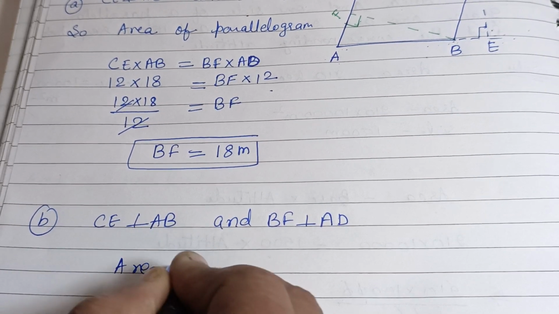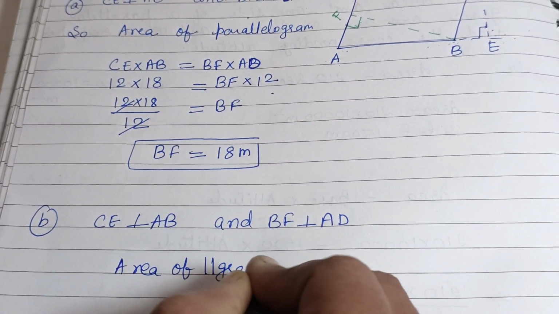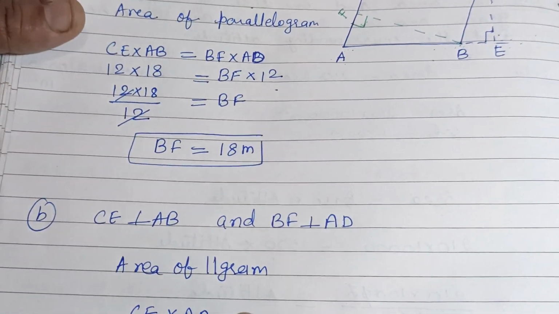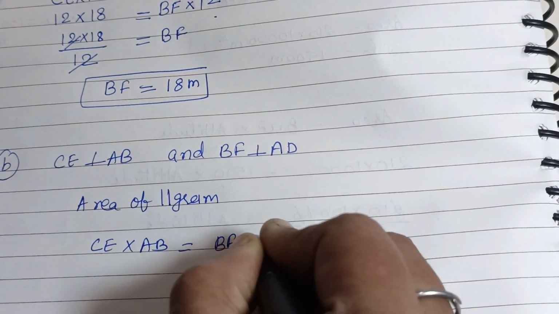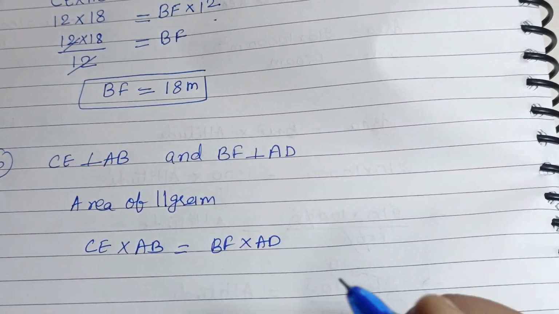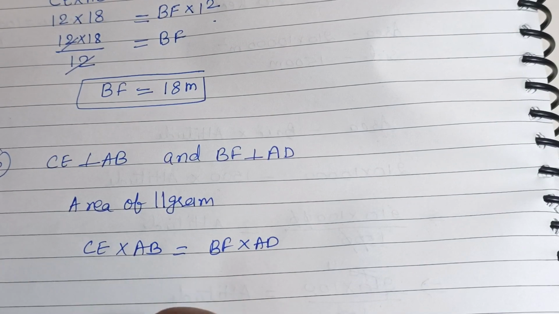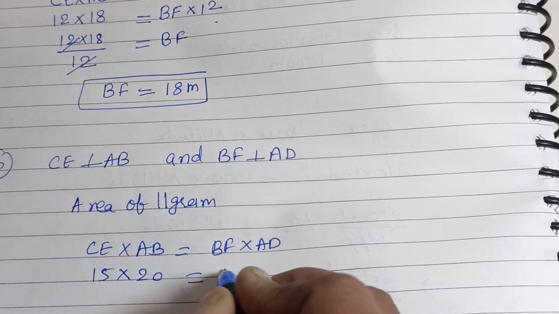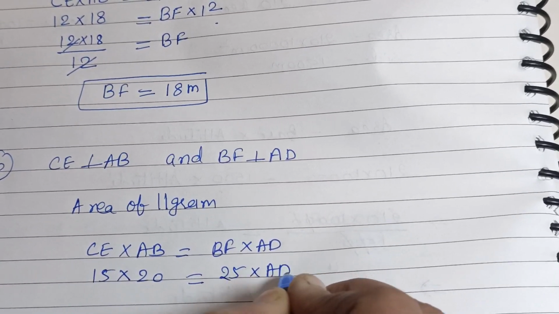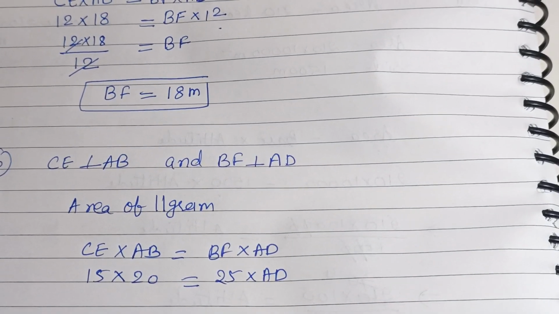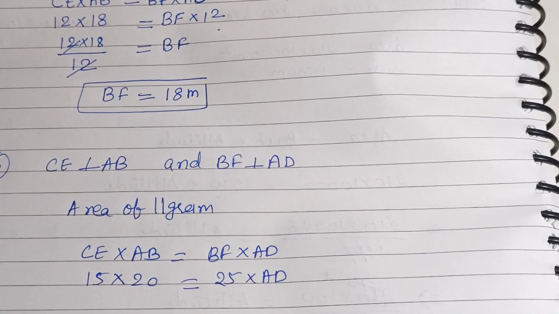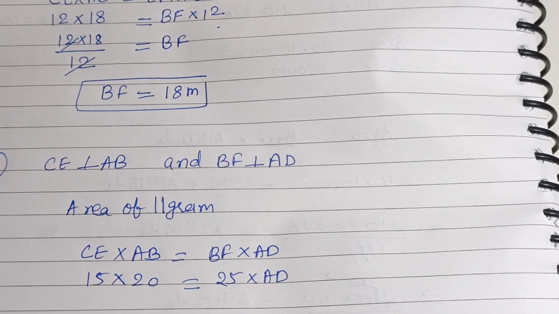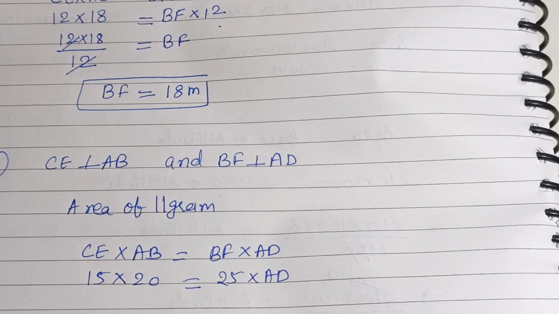So area of parallelogram, here it will come CE multiplied AB equals to BF multiplied AD. Okay, so I guess now all can put the values and do the transposition. It will come 15 into 20 and here it will come 25 into AD. Just do the transposition and get the value and send me the value of this AD in comment box. Okay, I will surely reply you whether it is right or wrong. So go ahead.